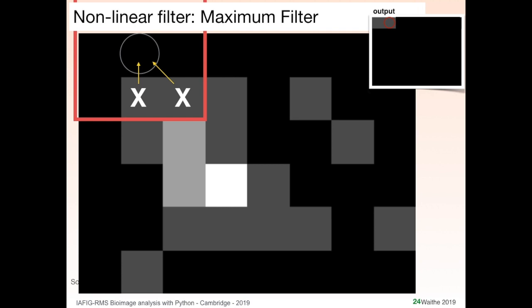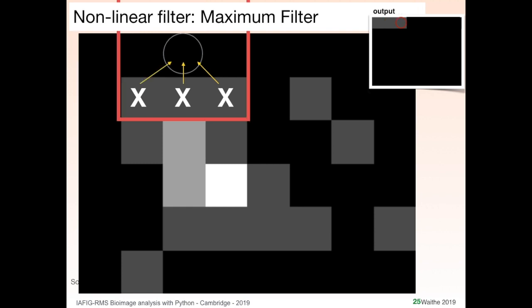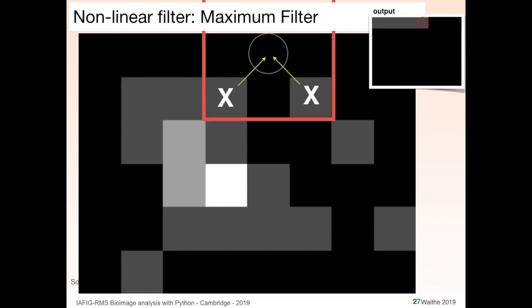We just assign whatever that maximum value is in the middle, and that goes in the output here. And then we keep moving. So here there are 3 pixels with the same value, but these are the maximum, and they go to this output here. And we keep moving round.